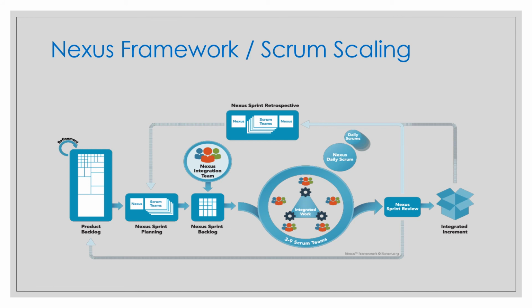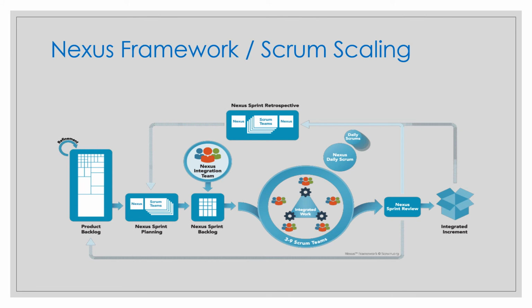Okay, so the definitive guide, the Nexus Scrum scaling, the rules of this game are in this diagram. You can look deeply into that, and you can refer to the Nexus Guide as well, which you will get on scrum.org. All the process will be the same.